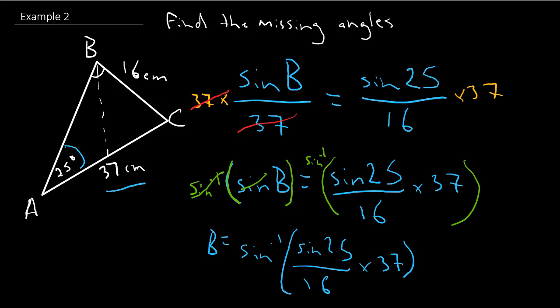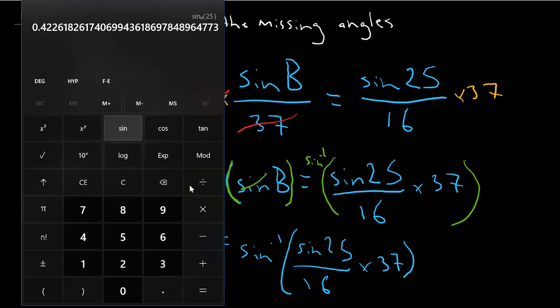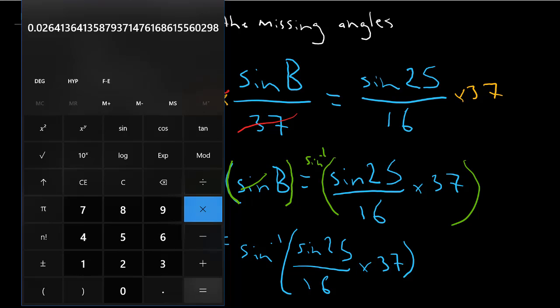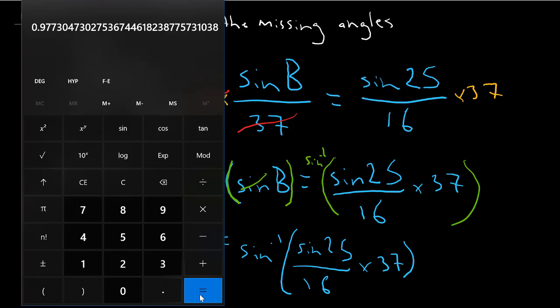So we're going to pull out our calculator and figure this out. Now I have my calculator open. I'm just going to take this slowly. 25 sine. So we know what's on top of the brackets there. We're going to divide it by 16. Okay, so we get a big decimal. Then we're going to multiply it by 37, which gives us 0.977. And we're going to take the sine inverse of that.